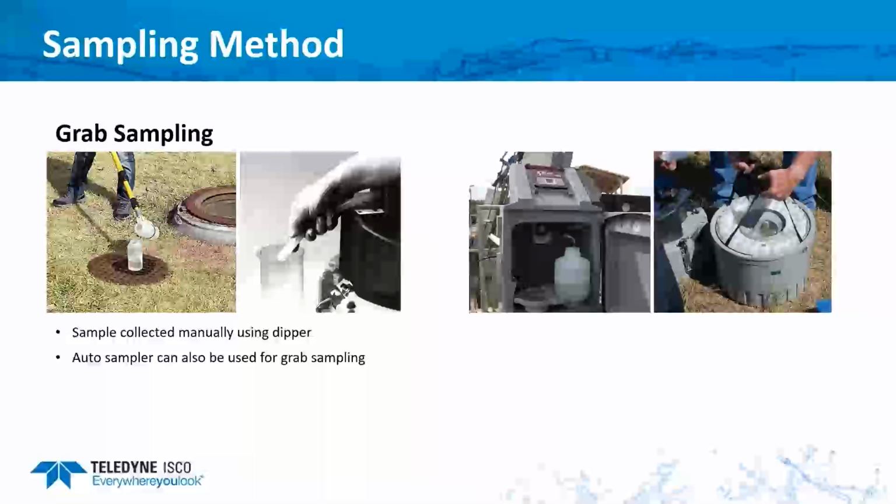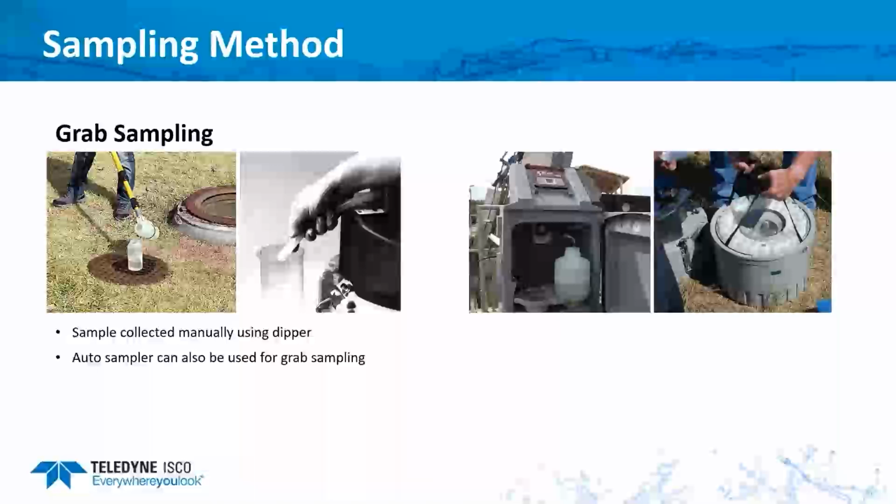An automatic sampler can also be used for grab sampling by just walking out to the site and dropping the line into the flow and having it collect the sample. And again, this is an approach that works when the individual is there.